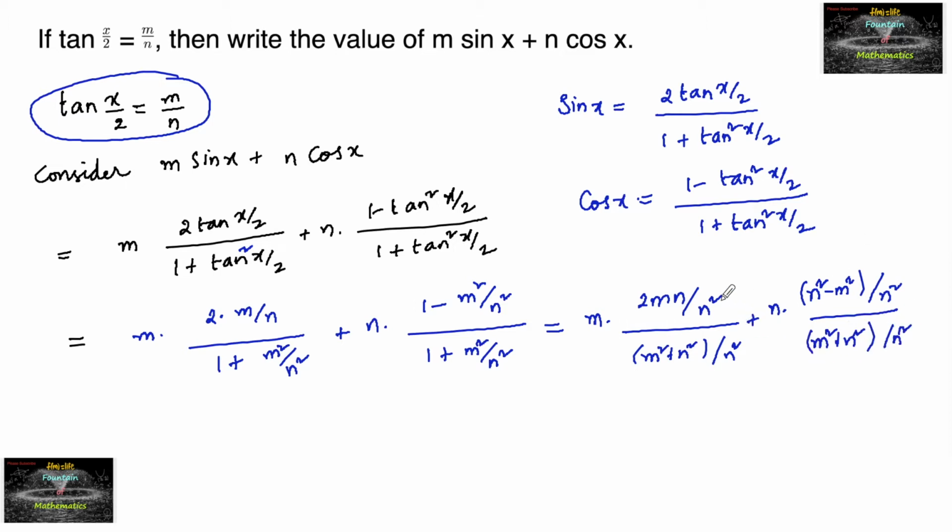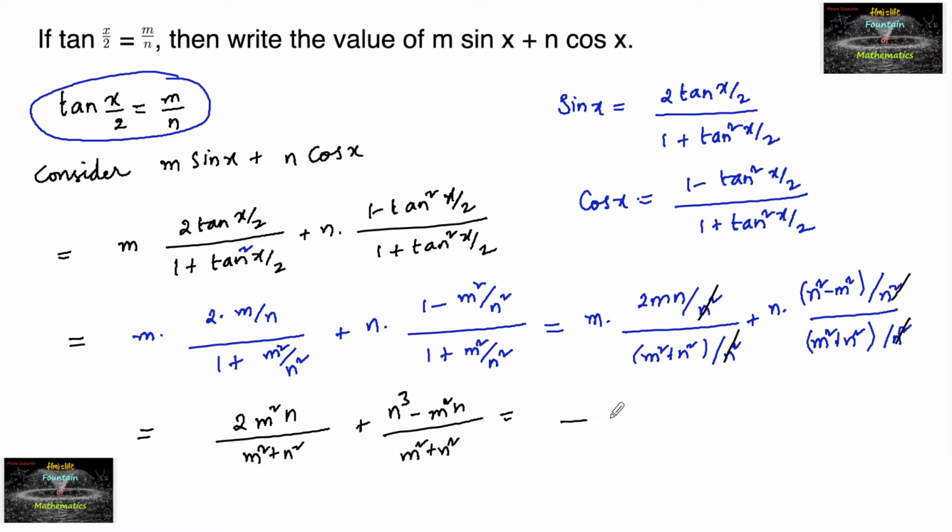So we can cancel n square in the numerator and denominator, which is equal to 2m square n upon m square plus n square, and again n times n square minus m square upon m square plus n square, that is n to the power of 3 minus m square n upon m square plus n square.